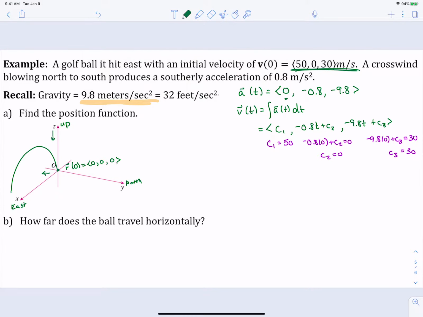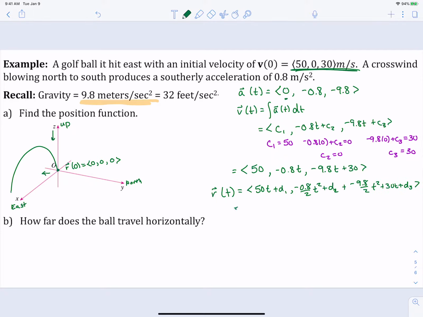So our overall velocity function is going to be 50, negative 0.8t, negative 9.8t plus 30. So there's our velocity function. And now to get our position function, again, we take the integral and we get our constant terms: negative 0.8 divided by 2, t squared plus d2, and then negative 9.8 divided by 2, t squared plus 30t plus d sub 3.